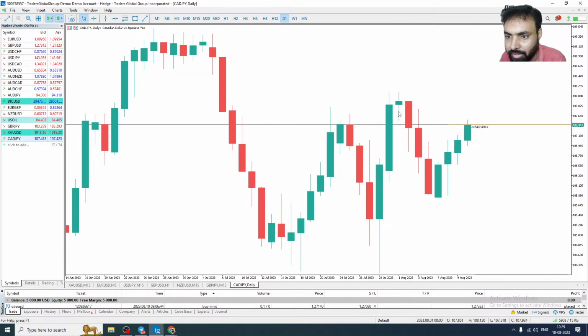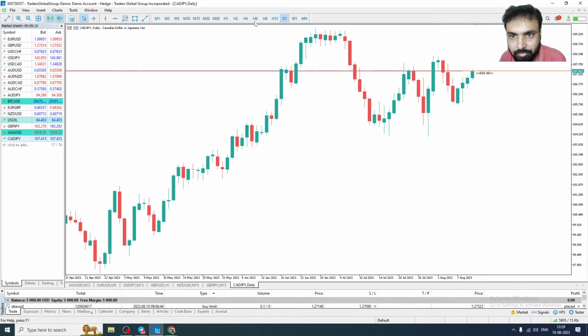So what is the trend in the daily chart? You can see push down, push up, push down. Liquidity grab happened, pushed up, break of structure happened, pushed up.